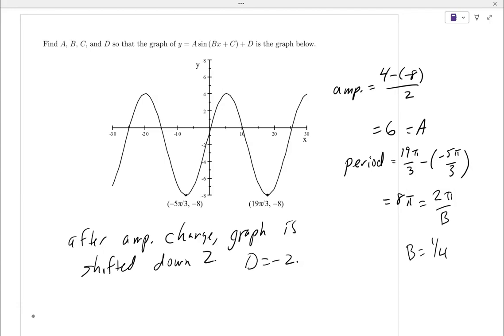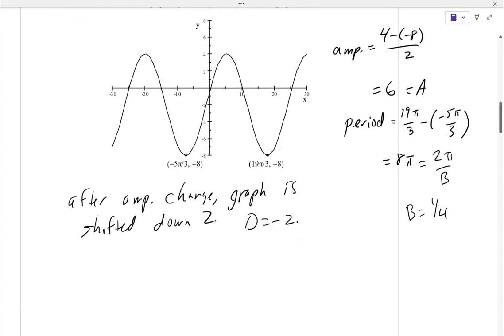All right, what about phase shift? Well, notice that these points are in different spots again, right? So I got to think, but those shifts would have happened after we did the period change. So probably the easiest way to think about it, doesn't matter which one we concentrate on, by the way. Your original graph looks like this, roughly.